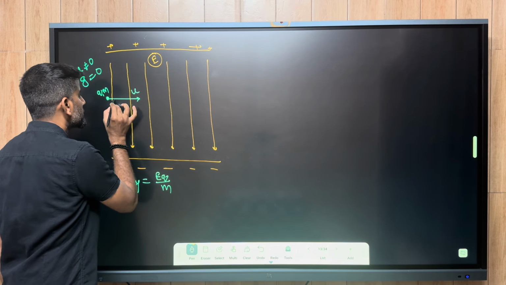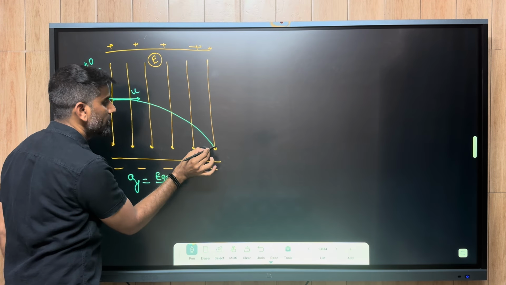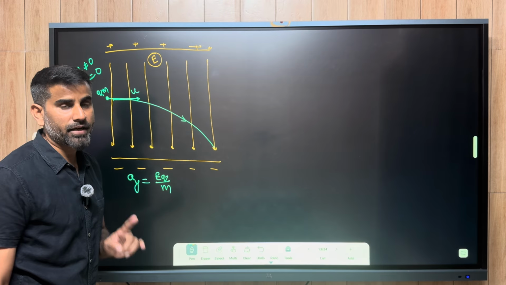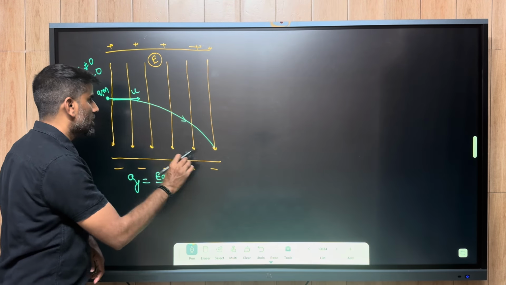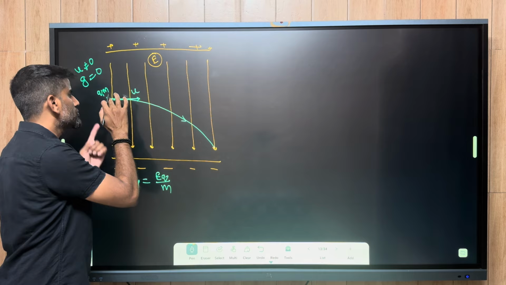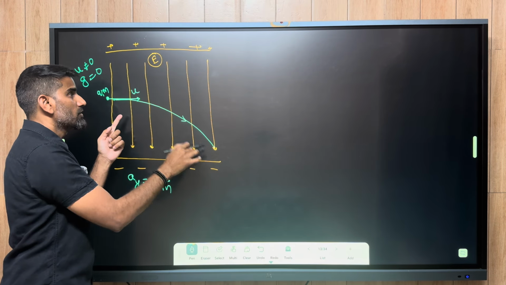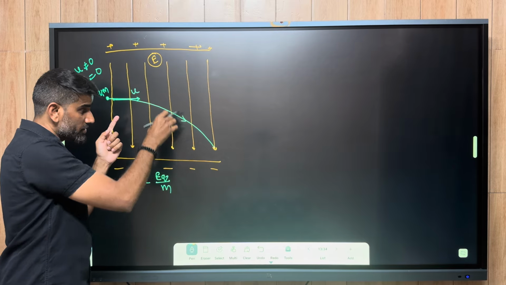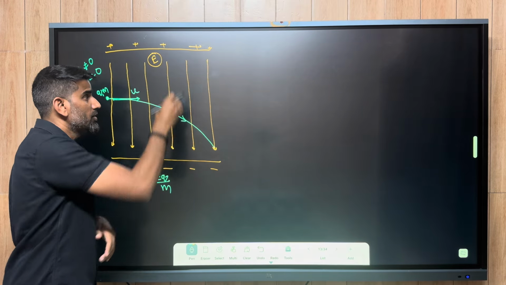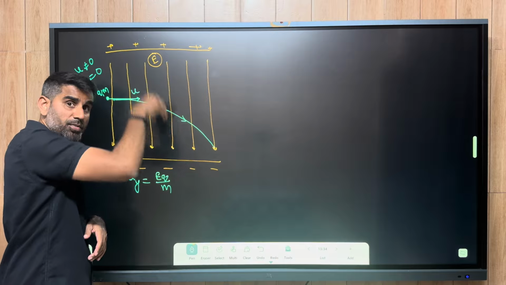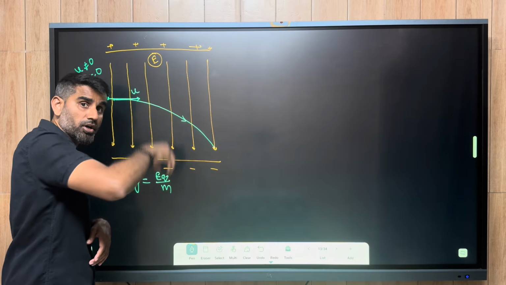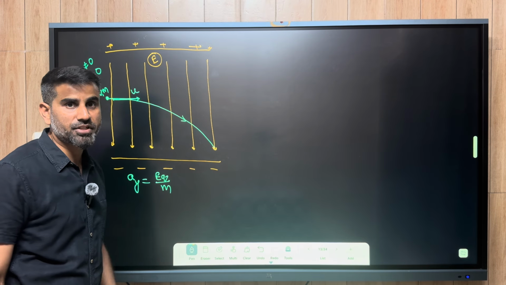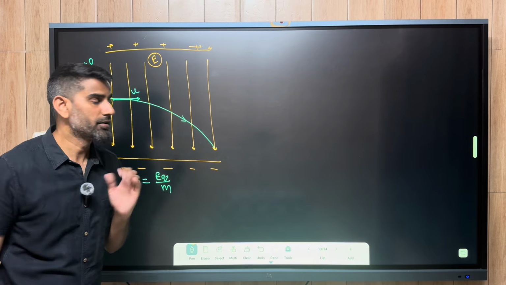As a result, the motion of the charged particle will be a parabola, something like this. This negative charge is always trying to pull the positive charge downward, because the electric field causes a force on the positive charge in the direction of the field. That means this field is pushing the positive particle in the downward direction, in the field direction, towards the negative charge. Hope my point is clear, right?